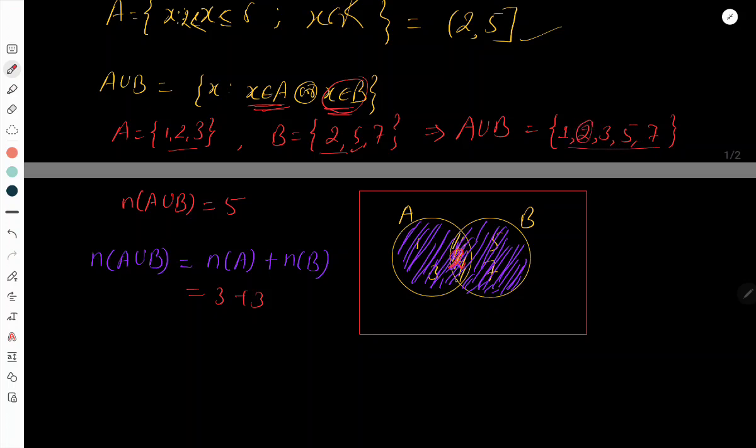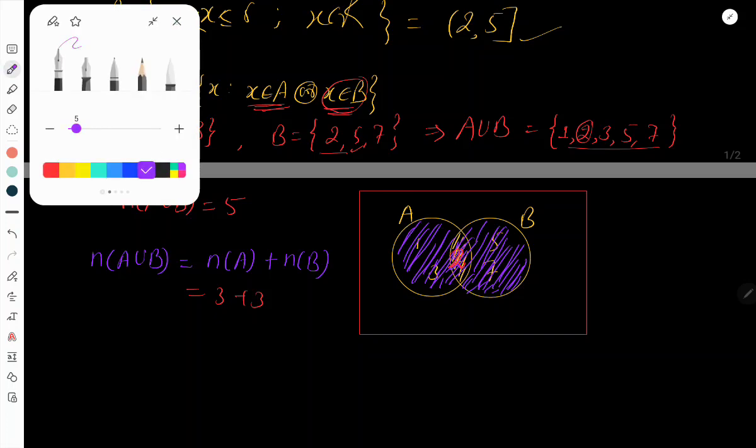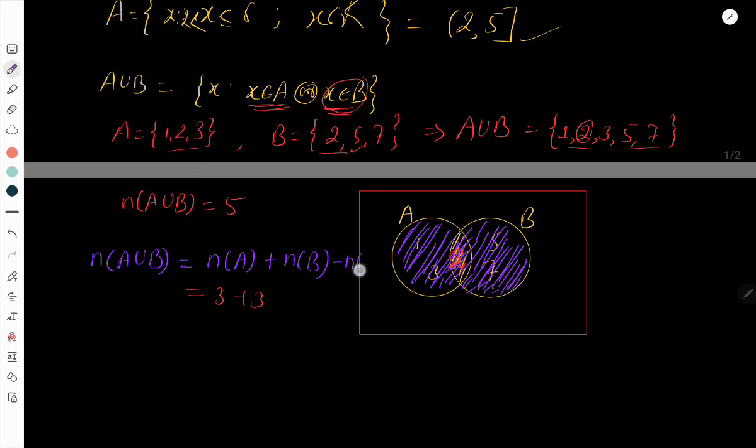This 2 is the common element. So what I have to do is subtract one time the intersection elements, because that one was counted two times. So minus the number of elements in A intersection B, which are in both, that is 1. That is 3 plus 3 is 6, minus 1 is 5.